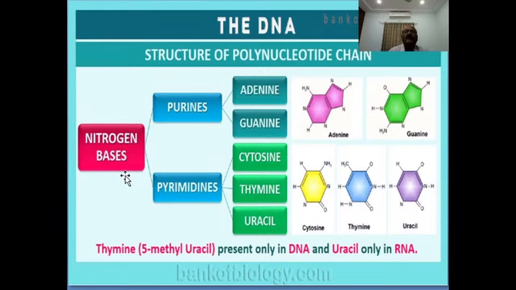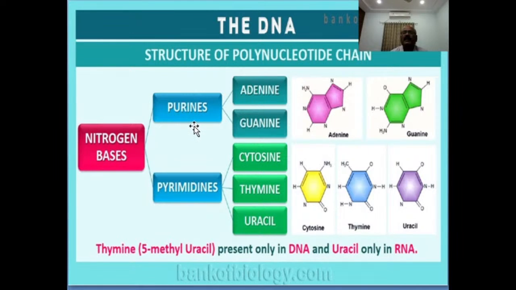This is the structure of a polynucleotide chain. Nitrogen bases in nucleic acids, that means DNA and RNA. Two types of nitrogen bases are there: purines and pyrimidines.